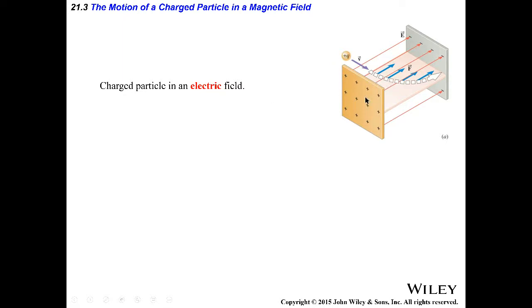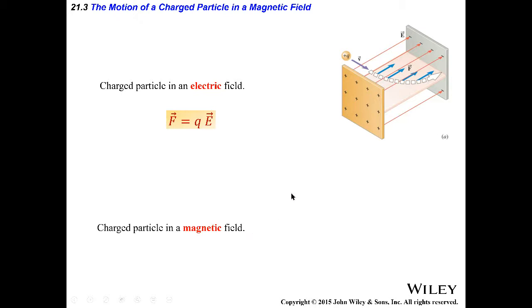We already know that if this side is positive, that side is negative, and I have a charged particle Q of positive charge, it will undergo a force or acceleration in the direction of this electric field, so the force is straight. If you have this capacitor turned on, the current will flow straight. And that's due to this formula, F is equal to QE.